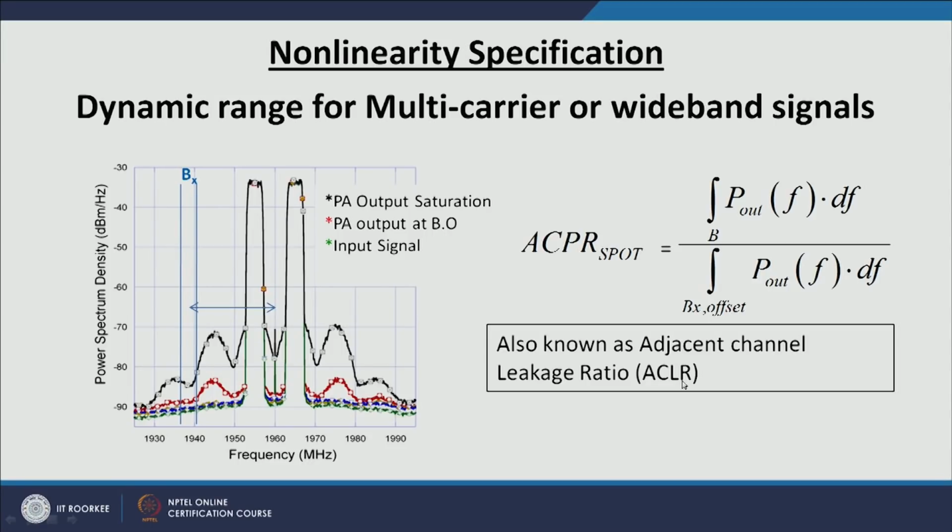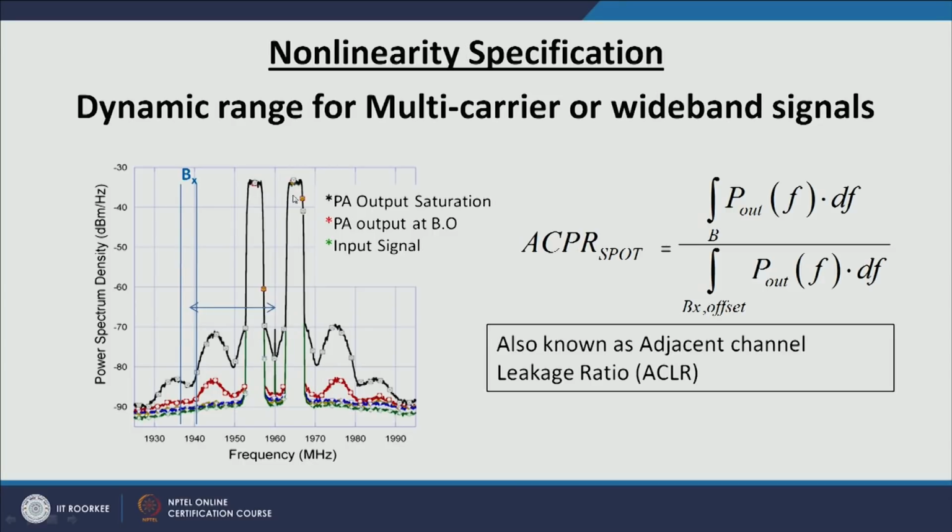So it is also called adjacent channel leakage ratio. If we see here that B is the band where we are having the signal. So we can choose either this carrier or this carrier, or we can take this carrier and take the average of these two carriers. So we are doing the integration of all this band.